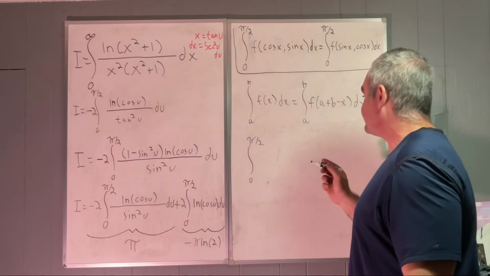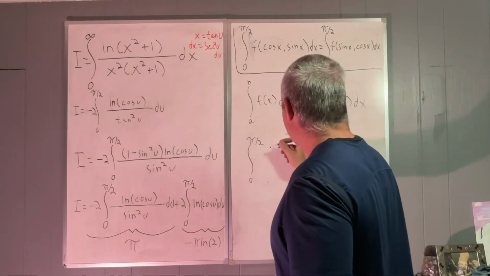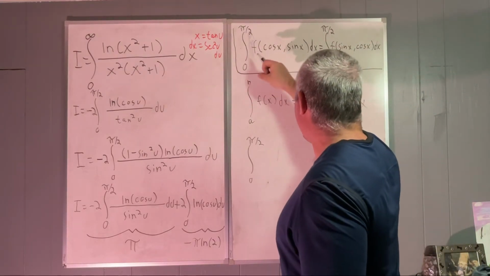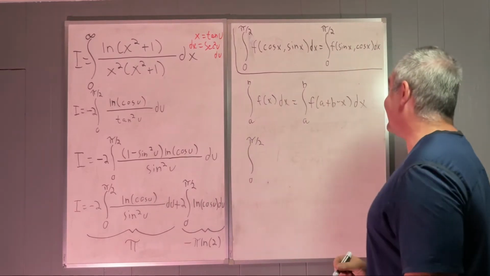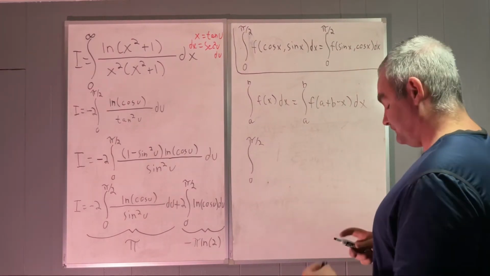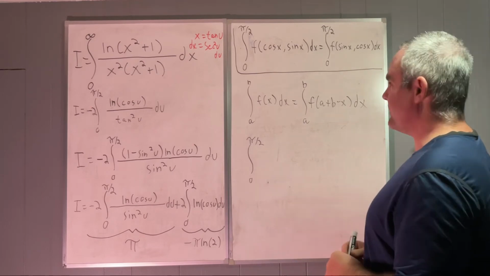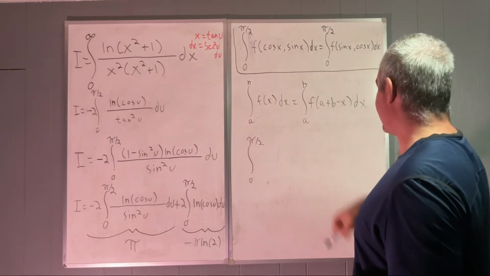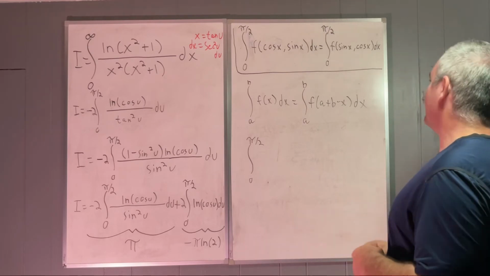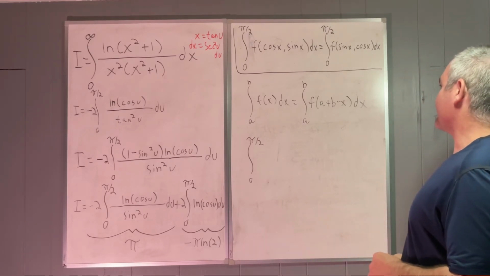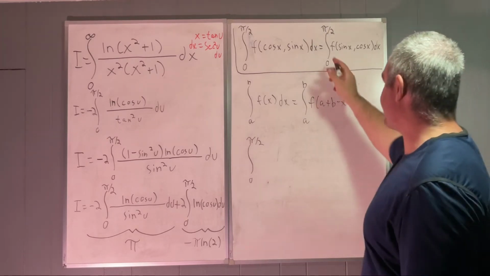But anyway, we have the integral from 0 to pi over 2 of f of cosine x, sine x dx. With King's property, which says that the integral from a to b of f of x dx is equal to the integral from a to b of f of a plus b minus x dx, let's just apply that here.